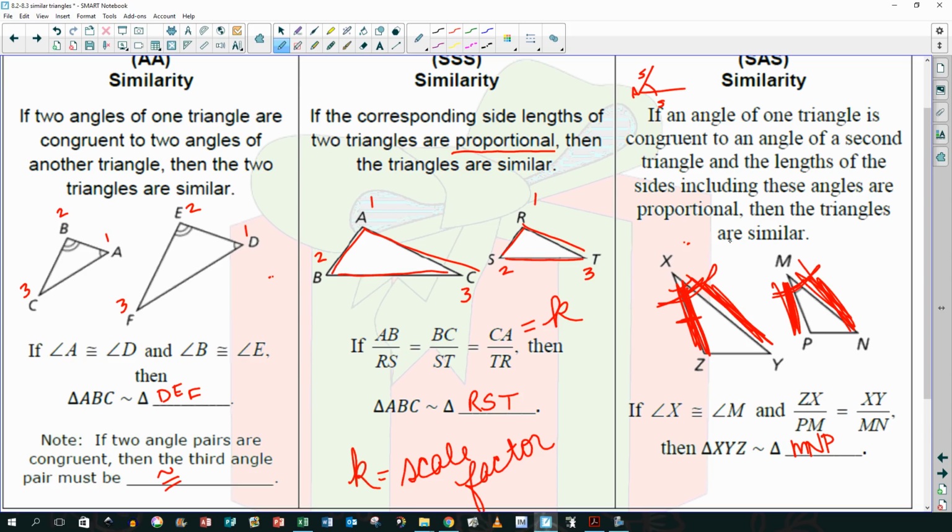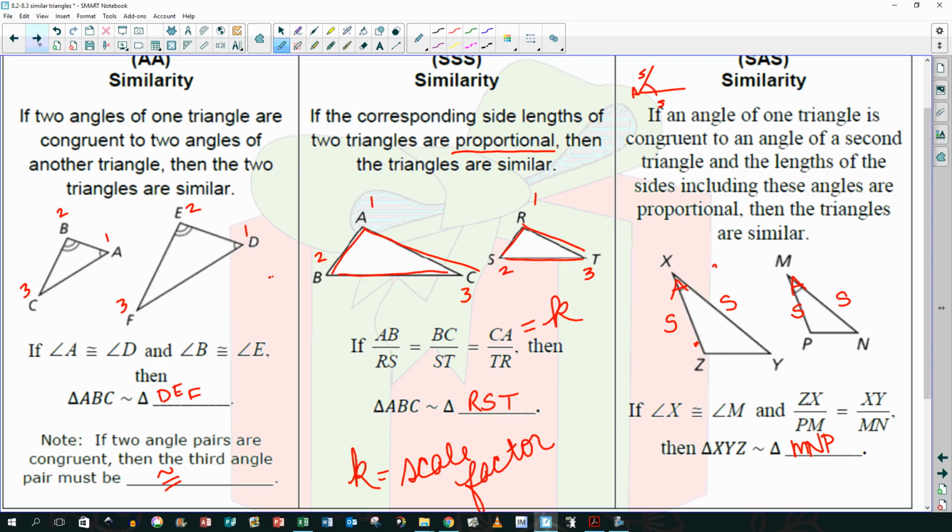So you have side, angle, side. I'll erase this a little bit where it's not so scribbly. All right, so I have side, angle, side, side, angle, side.